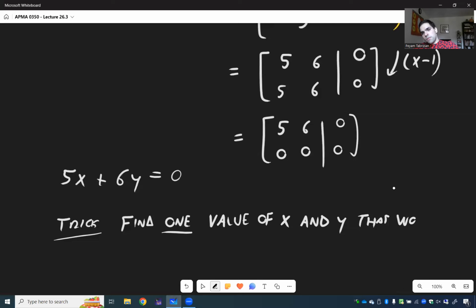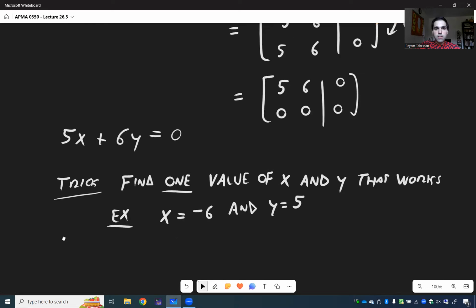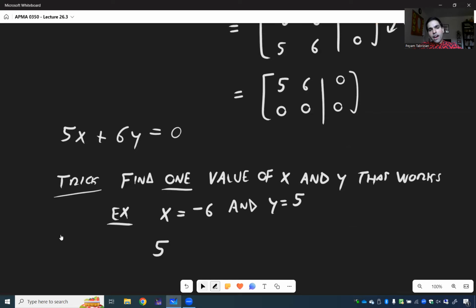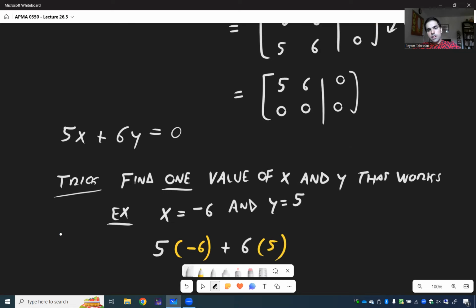For example, you could have x is minus 6 and y is 5. Right? Because if you do 5 times minus 6 plus 6 times 5, you do get 0. And by the way, you may wonder, what about 6 and minus 5? Also works.